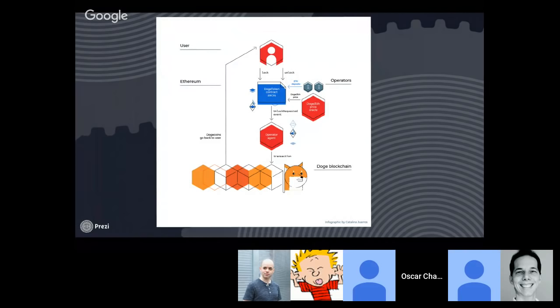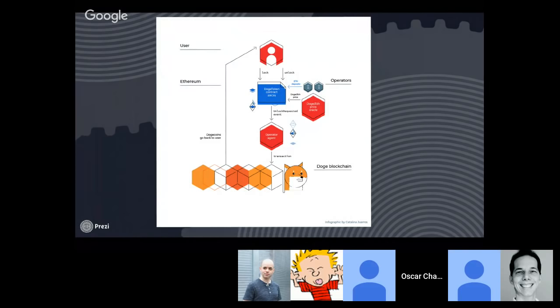One is, since the operator has deposited the Ether, let them move the Dogecoins, spend them, do whatever they want, as long as they return the Dogecoin to users when requested. That was one approach. The other approach, which is the one that we implemented, is they cannot move the Dogecoins. If they move the Dogecoins, someone can denounce that to the contract and then they will be penalized.